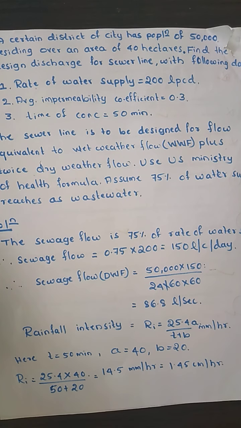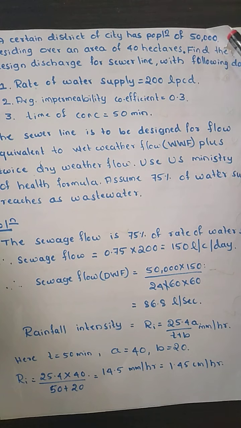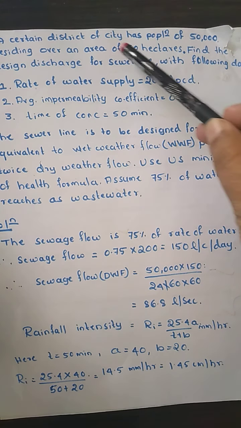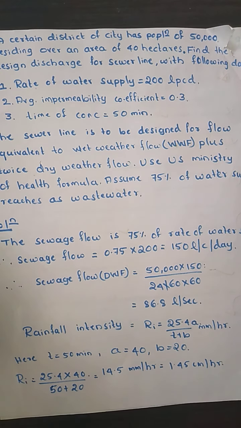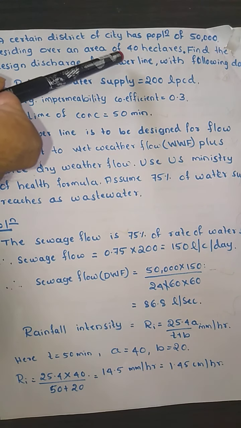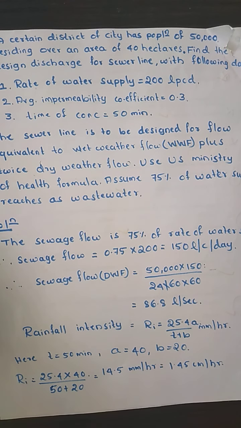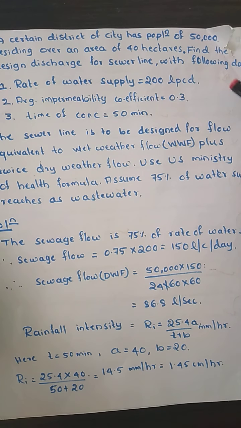A certain district of a city has a population of 50,000, and it resides in an area of about 40 hectares. Find the design discharge for a sewer line with the following data.